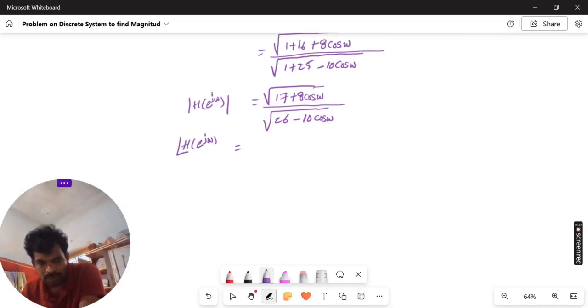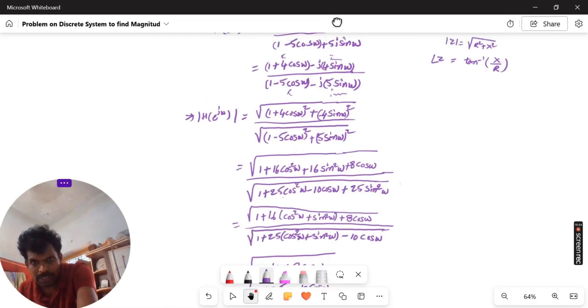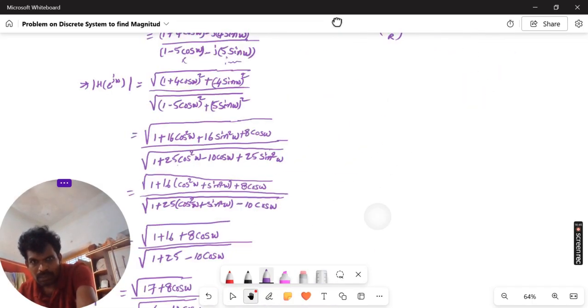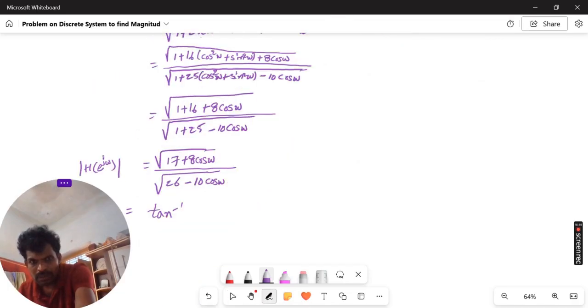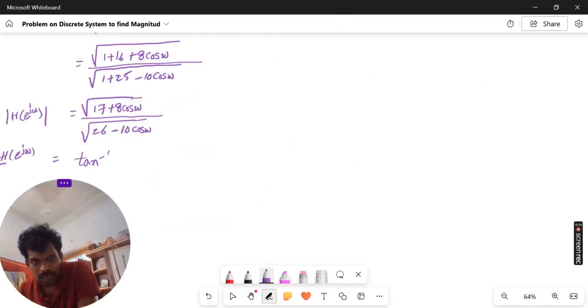the phase response of the Fourier transform of the given difference equation is tan inverse of, what is the imaginary value? Minus 4 sin omega.